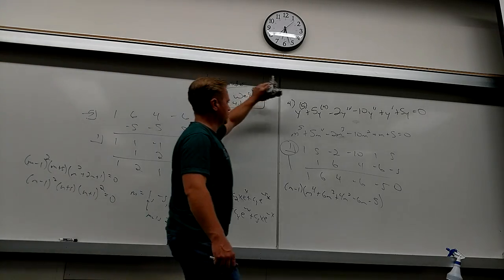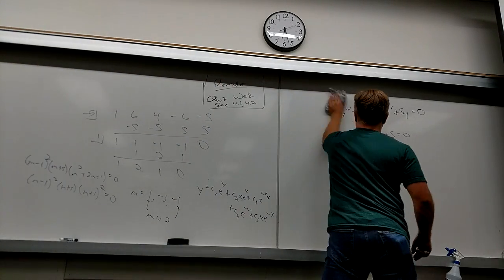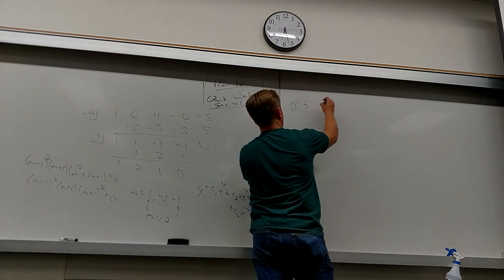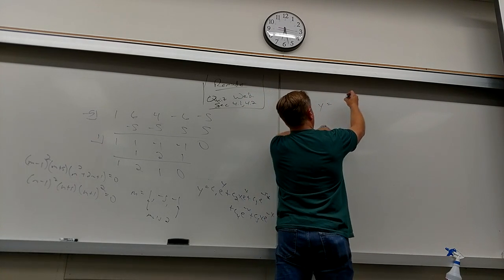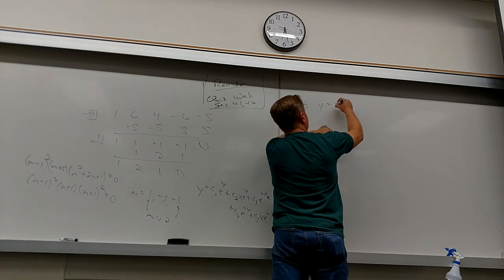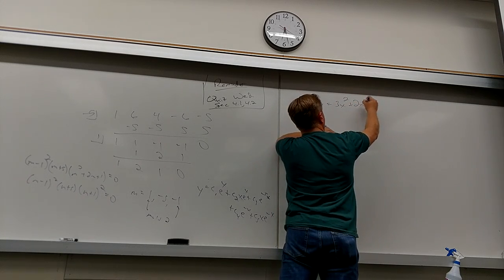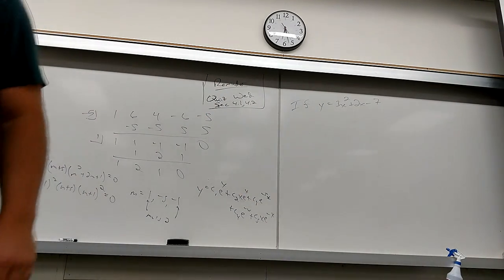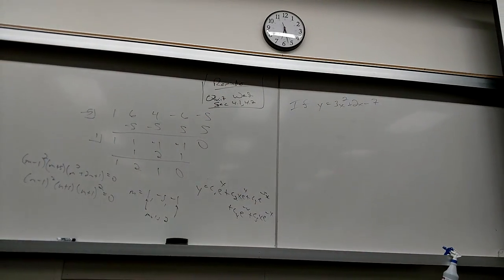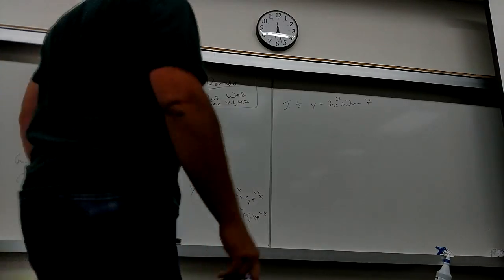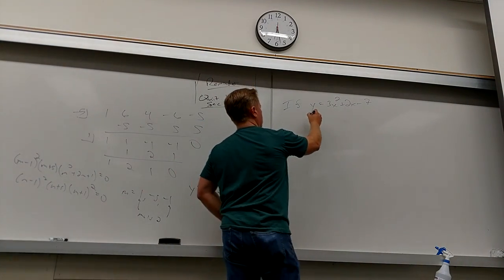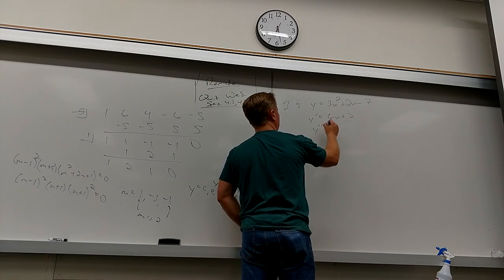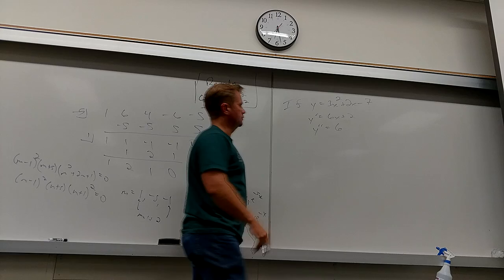Let me see if I can work this one kind of backwards here. And then y prime would be 6x plus 2, and y double prime would be 6.